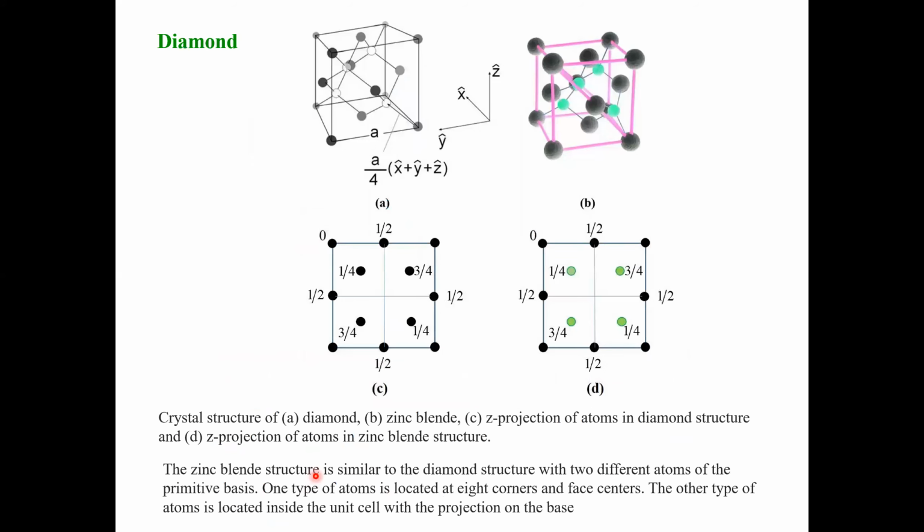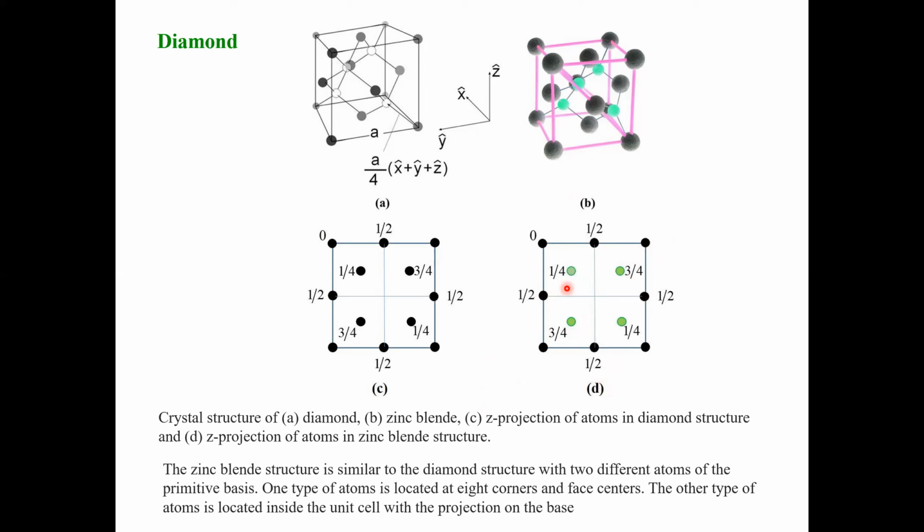So for your homework, this one I give you the Z projection, right? Your homework is to find out all the coordinates for each atom for zinc blende.